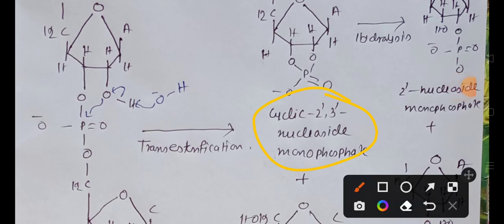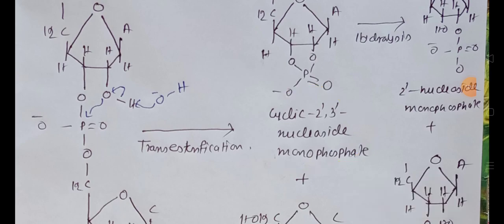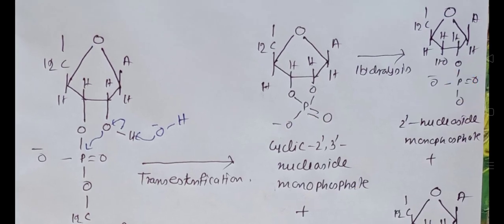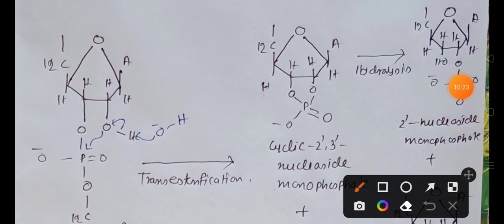nucleoside monophosphate. So what is going on here? In alkaline condition, if we hydrolyze the RNA molecule, hydroxide ion is going to attack the 2' OH group, and this attack creates a 2' alkoxide ion, and this 2' alkoxide ion is going to attack the 3' phosphodiester group, and that's how the phosphodiester bond here is going to be broken down.